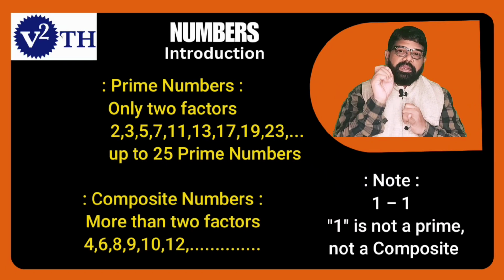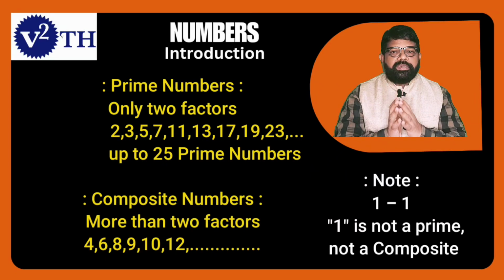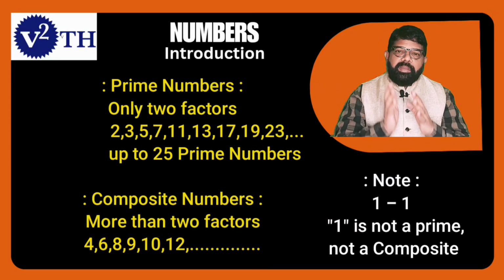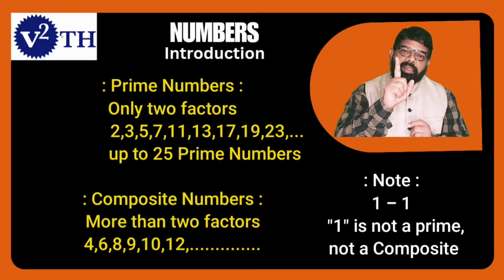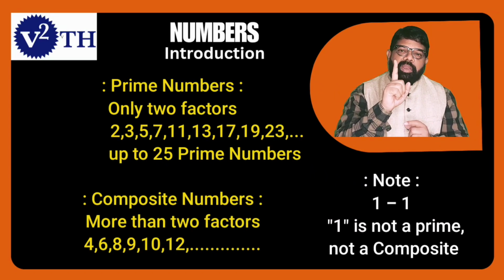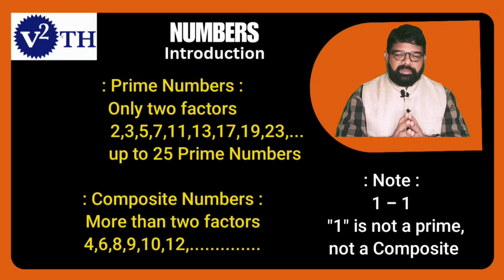Why? According to our definitions, a prime number must have two factors and a composite number must have more than two factors, but 1 has only one factor, so it belongs to neither prime nor composite. Very important note.